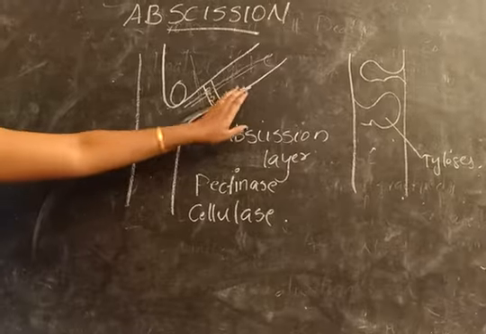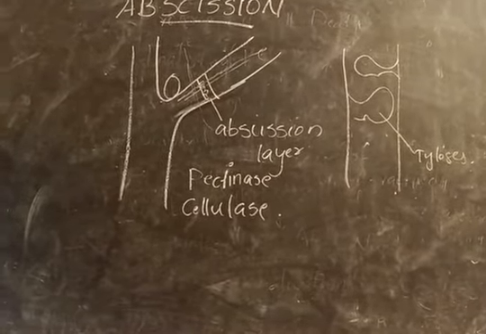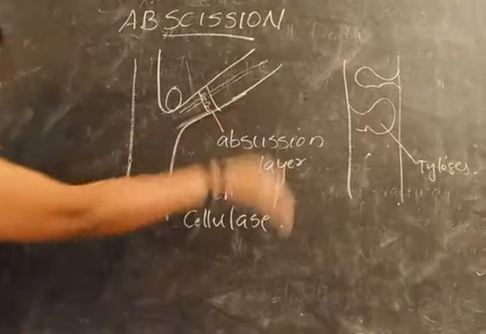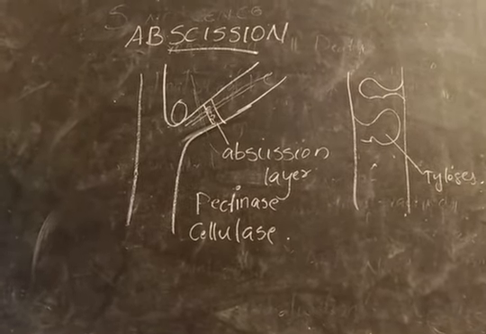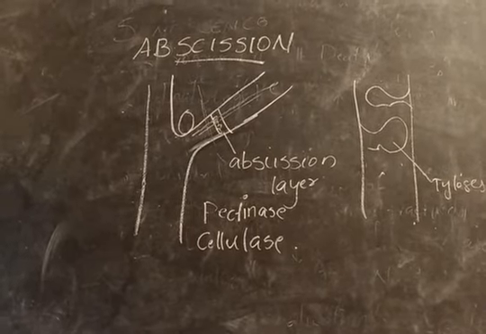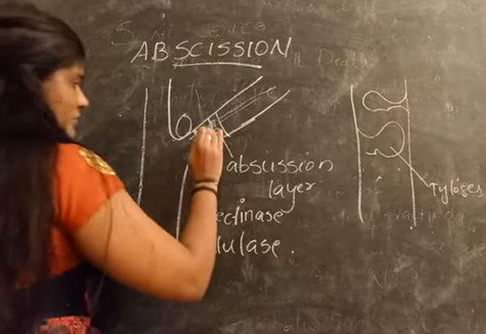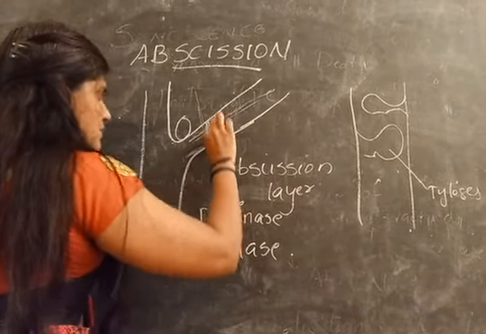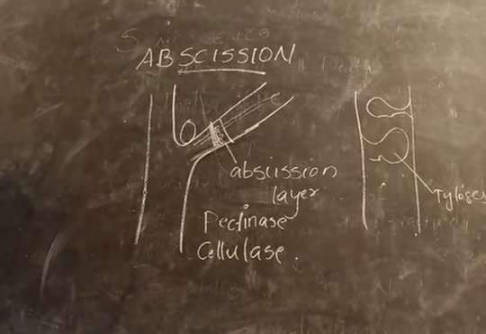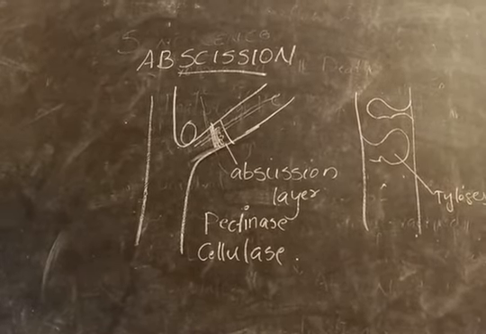After abscission, the outer layer of cells becomes suberized by the development of periderm. So these are the morphological and anatomical changes during abscission.